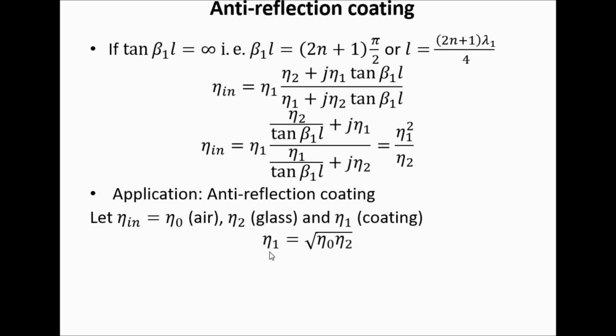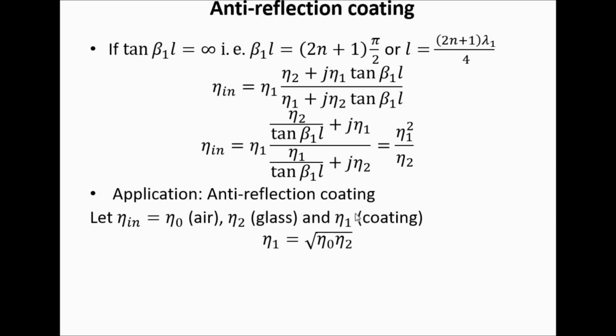So you have to choose the coating impedance as the square root of eta 1 times eta 2. So that's the geometric mean of the impedances of these two mediums. Just like this graded system, if you go from this impedance to this impedance, a reflection might take place because of the impedance mismatch.